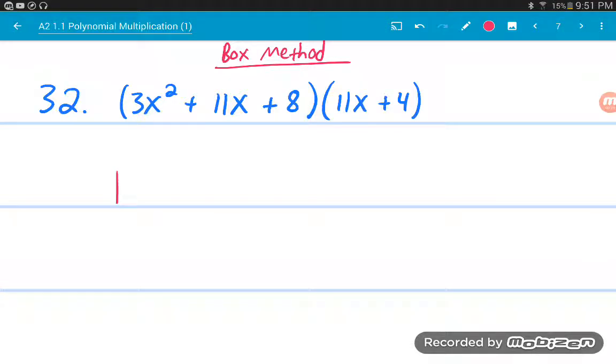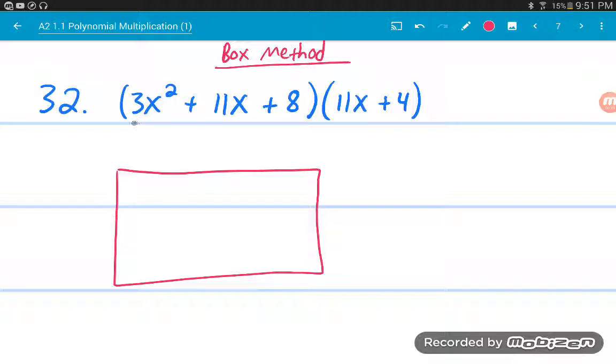What you want to do is set up a rectangle, and since we have 1, 2, 3 terms here, we want to give ourselves 1, 2, 3 columns. Then because we have 1, 2 terms here, we want to give ourselves 1, 2 rows.